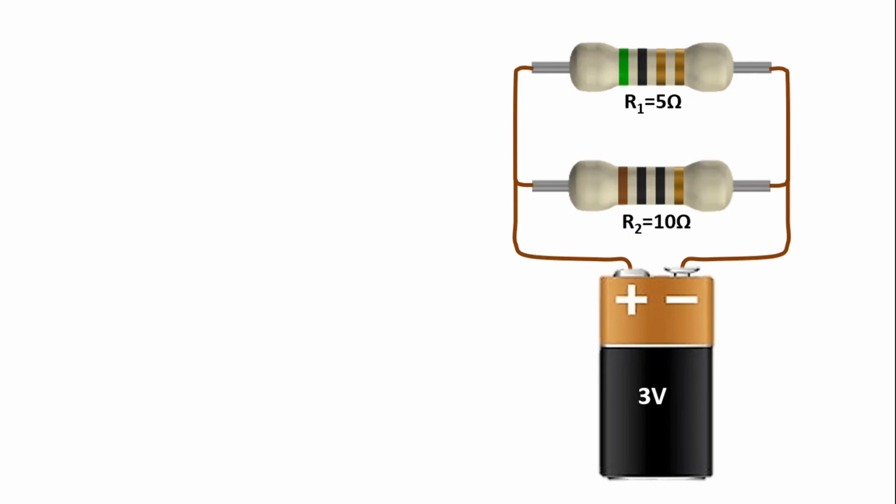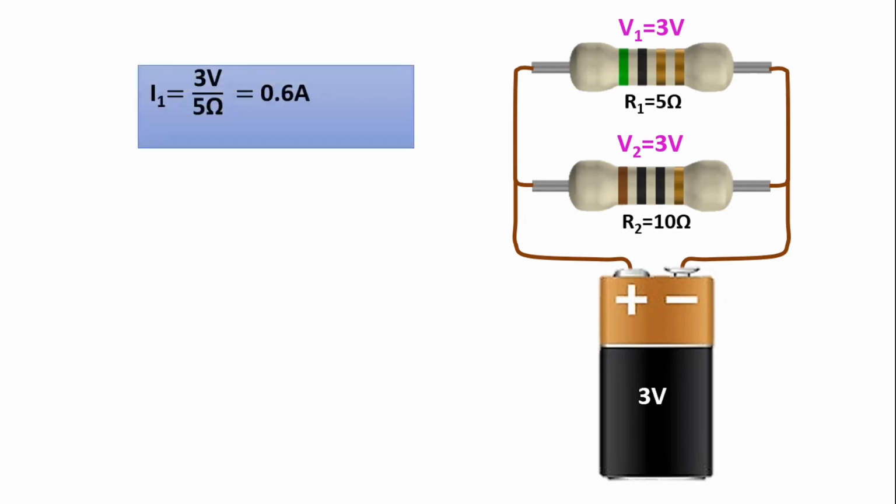So, how do we find the current flowing through the resistors? Now, let's look at it. We have said that in parallel connected resistors, there is the same voltage on all resistors. Since the source voltage is 3 volts here, the voltage across the two resistors will also be 3 volts. I1 current becomes 0.6 amps from 3 volts divided by 5 ohms.